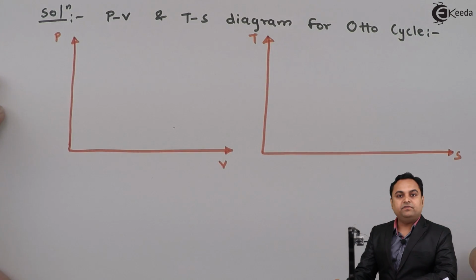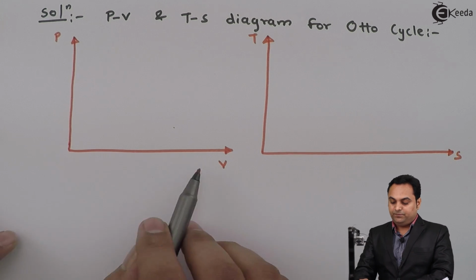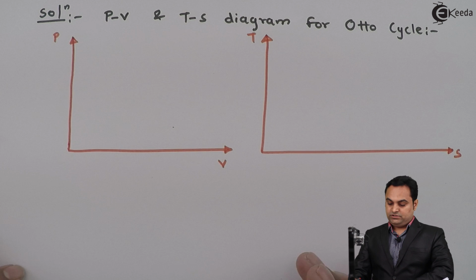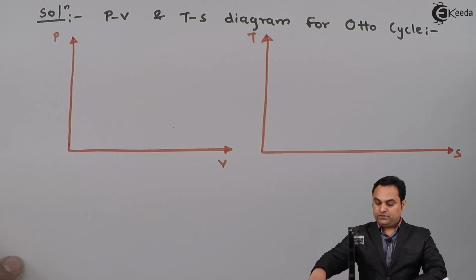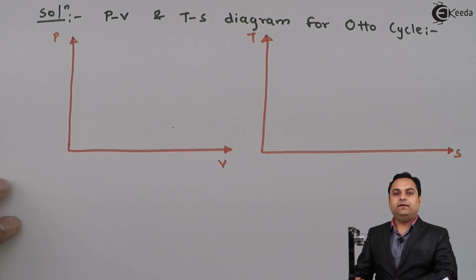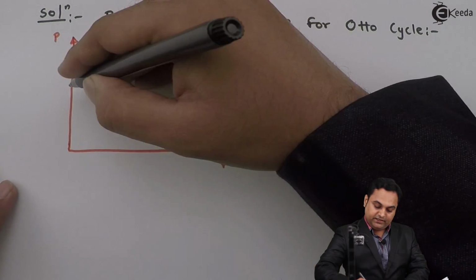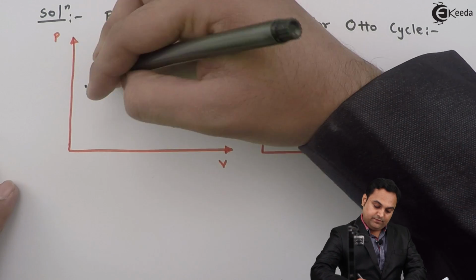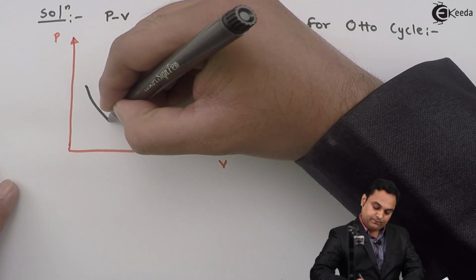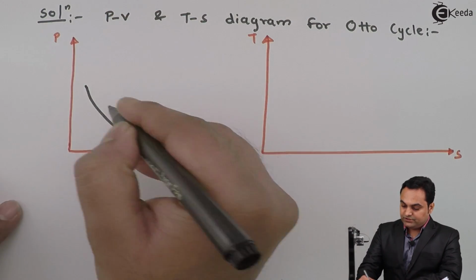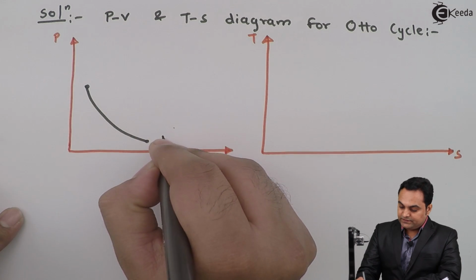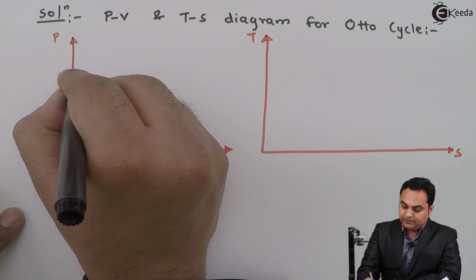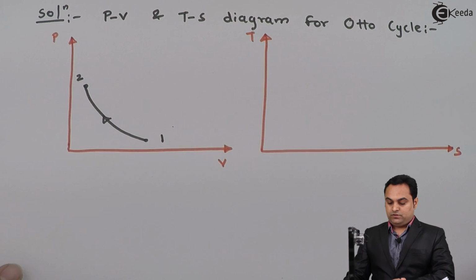Now in the PV and TS diagram, first I'll start with PV diagram. In case of Otto cycle, there are 4 processes. Process 1 is called adiabatic compression, and that adiabatic compression can be shown on PV diagram with the help of a curve. Here this curve indicates process 1 to 2, which is adiabatic compression.